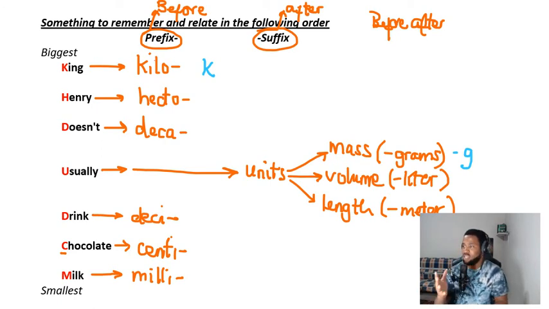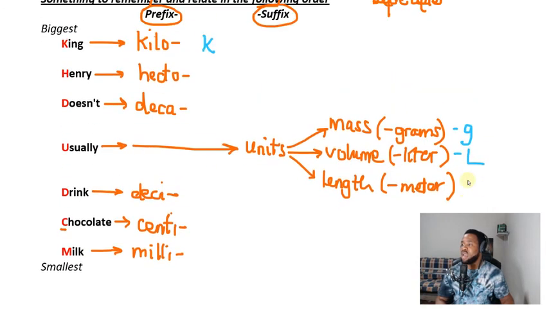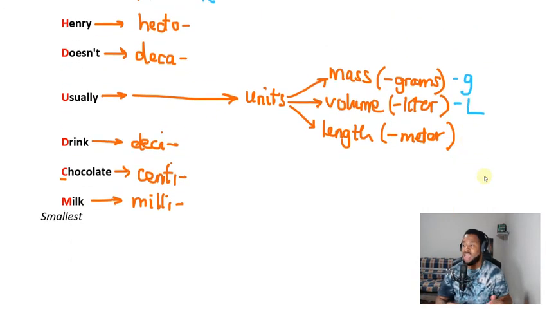If you have k with liter, which is represented as L, it will be kL, kiloliters. And next is meter, for length. With kilo, it will be kilometers, or km.